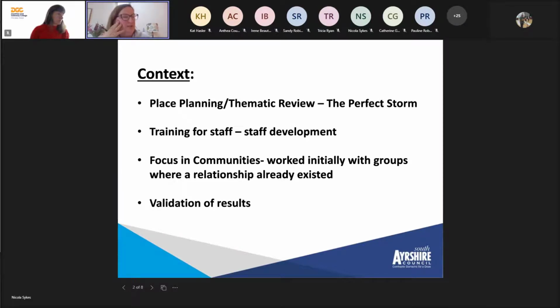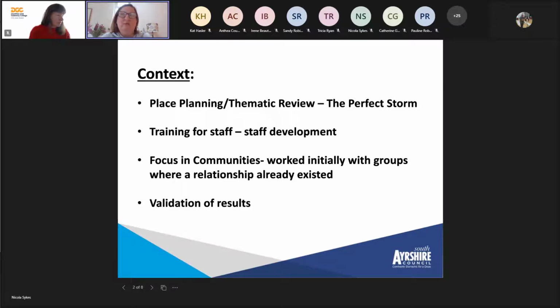So the Place Standard Toolkit was an ideal way for us to develop a lot of that work and take it forward with communities. So it was agreed then to use the Place Standard Toolkit to take this work forward and to use it as a way of developing local place plans.